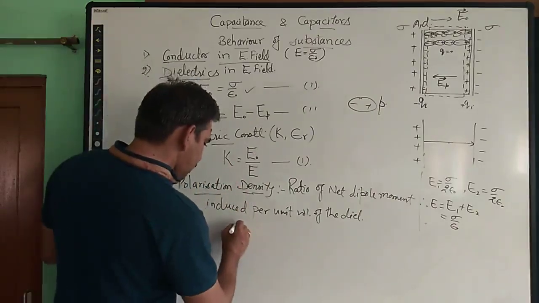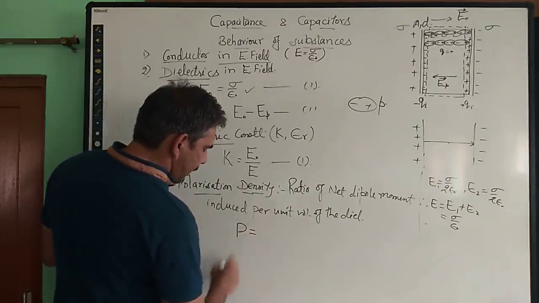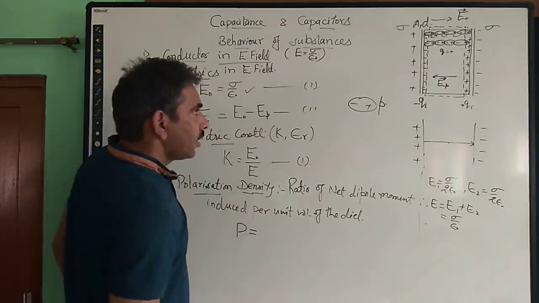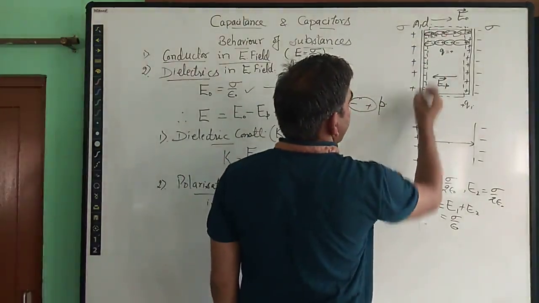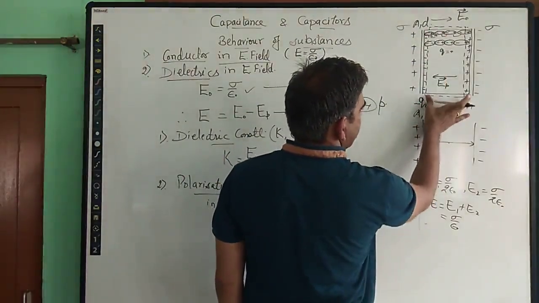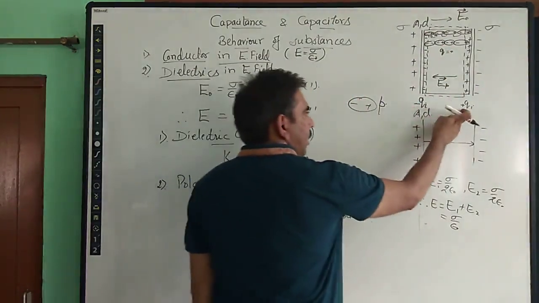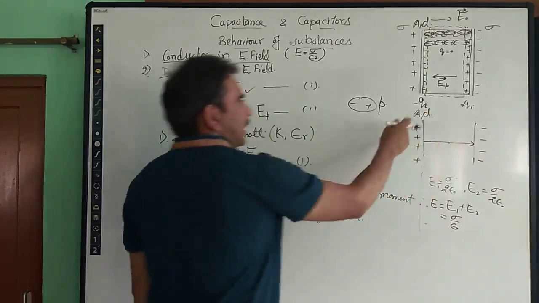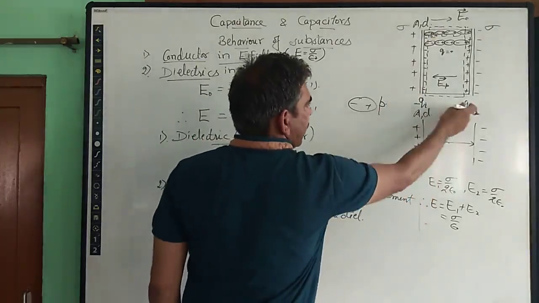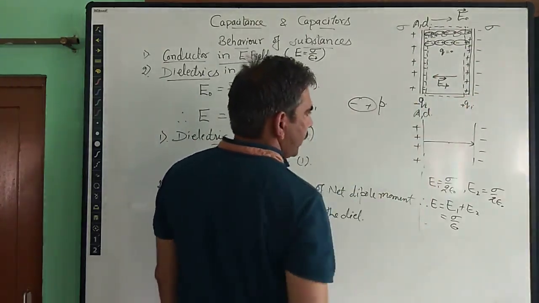So, we represent the polarization density as capital P. So, this can simply be written as follows. Suppose that each face has area A and the separation between the opposite faces is D, right? So, these charges appear on opposite faces. Due to this, the net charge on one face is minus Qi and on the opposite face is plus Qi.